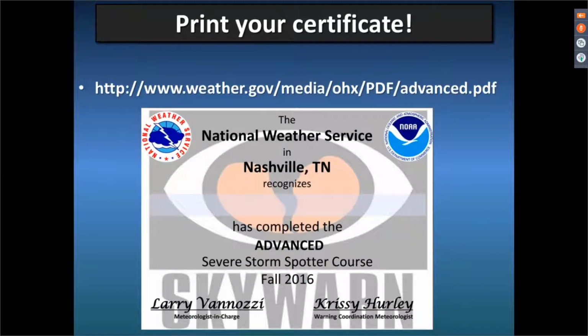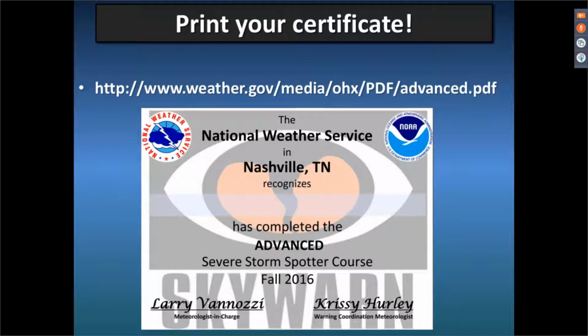All right, so kind of wrapping it up here, you all have completed an advanced storm spotter course now, so you can print out your own certificate at home. I've got the link there on the screen, so you're probably going to want to write that down.